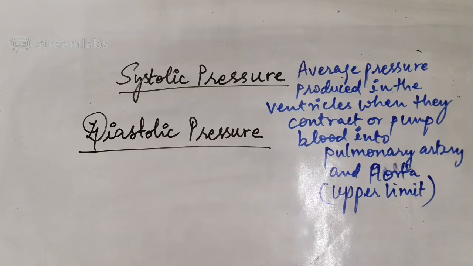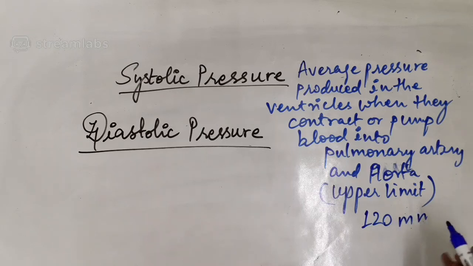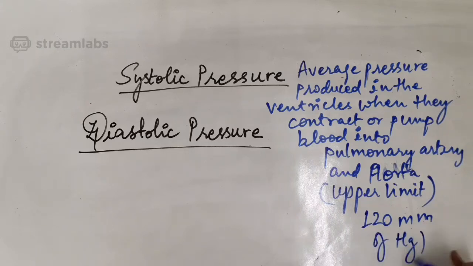This is called the systolic pressure. So the upper limit will be 120 mm, millimeters of mercury, okay. Hg means mercury.